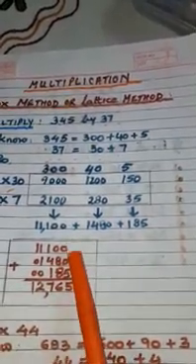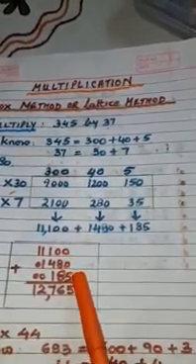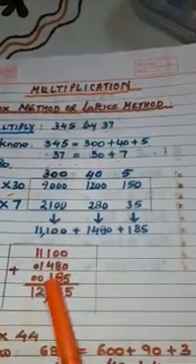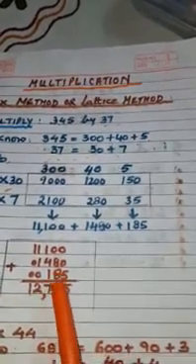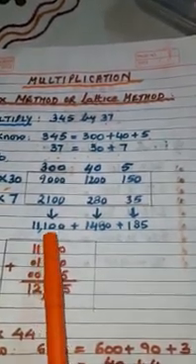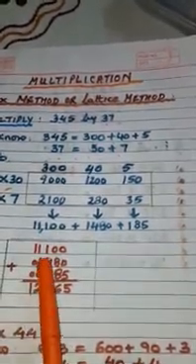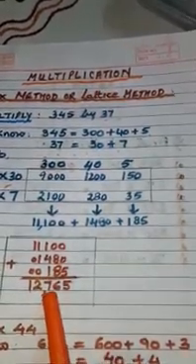Now we are going to add all these numbers one by one. 0 plus 0 plus 5, that is 5. 0 plus 8, 8 and 8, 16. What is carry? 1. 1 plus 1, 2. 2 plus 4, 6. 6 plus 1, 7.